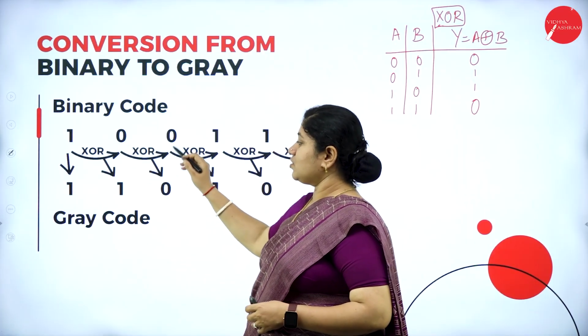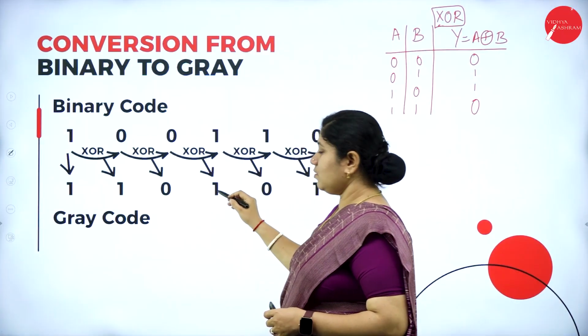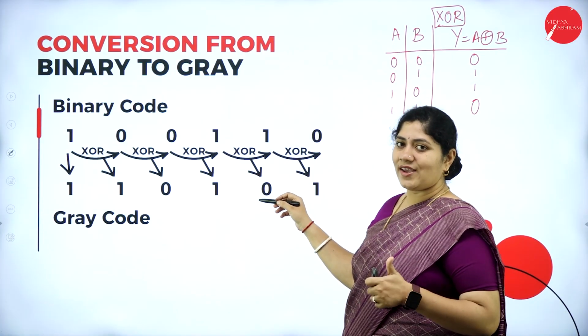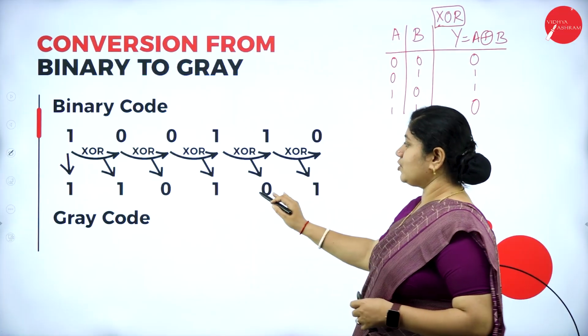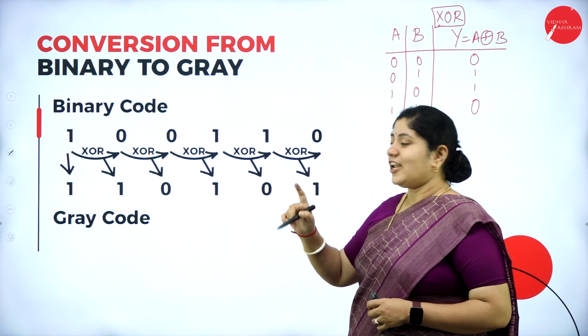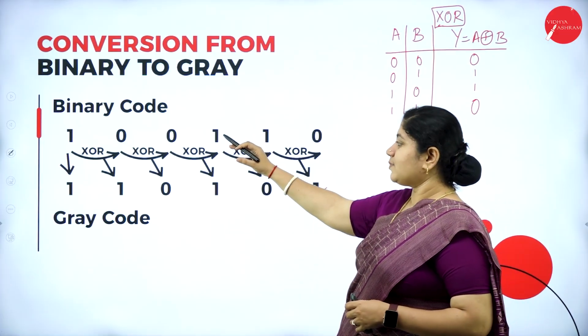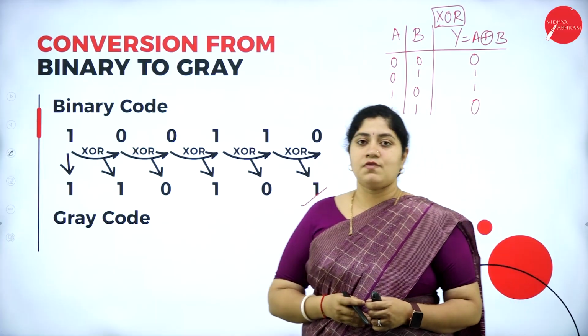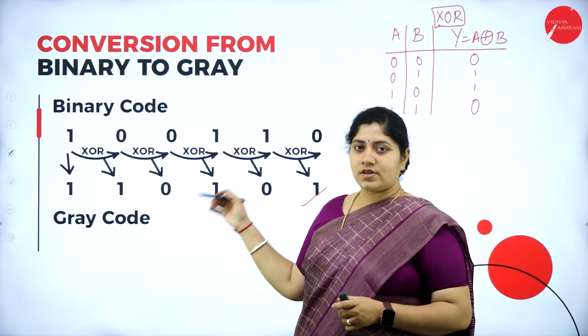Again 0 XOR 0, 0, 0 XOR 1, 1, 1 XOR 1, it's none other than 0. Why? Because I have same input. Up next, 1 XOR 0, I'll be getting 1. So this is the binary code. It's been converted into gray code. So this is how we can convert from binary code to the gray code.